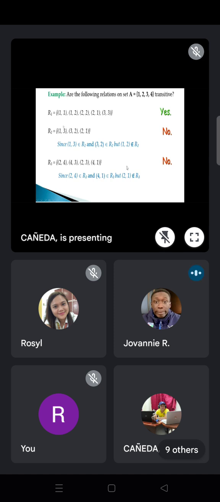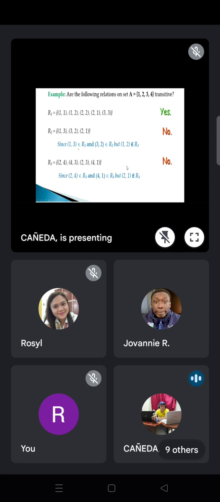Okay. So for R2, this is not transitive. We have 1, 3, 3, 2, and 2, 1.